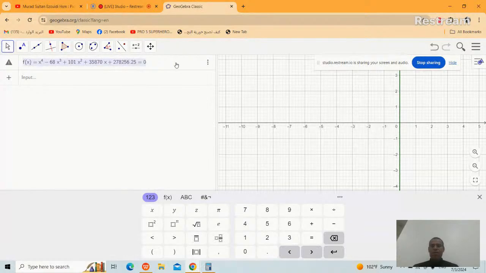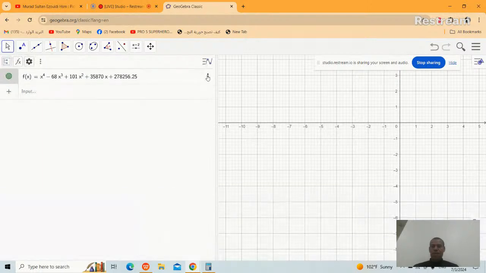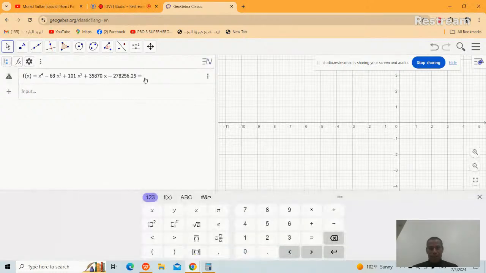Now I will tell GeoGebra to solve, of course, equal to 0.